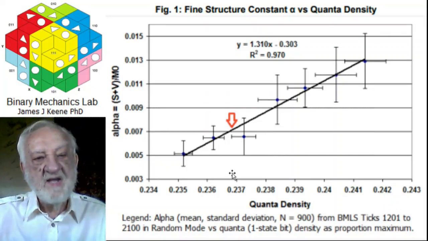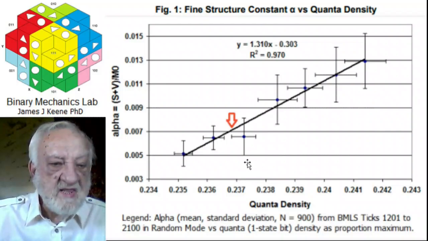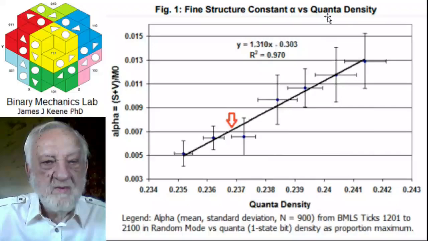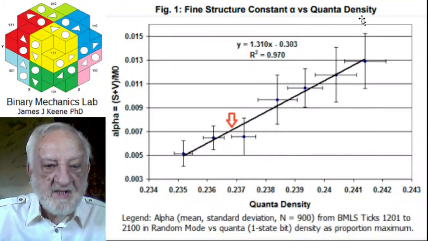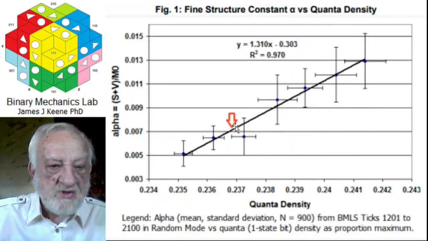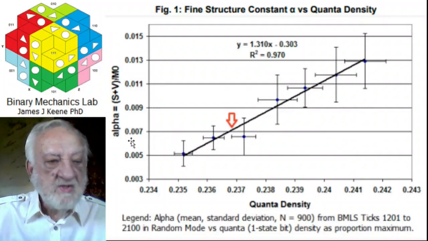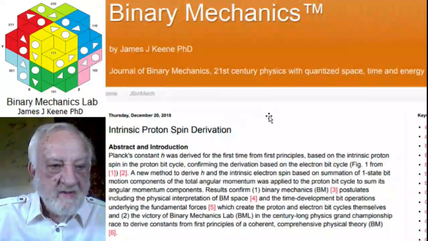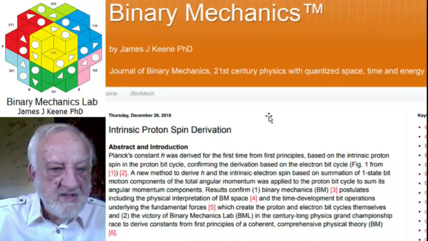Running the binary mechanics lab simulator, we find that the fine structure constant alpha varies somewhat when plotted against quanta density. The red arrow shows the accepted value of about 0.00729. Intrinsic proton spin derivation.